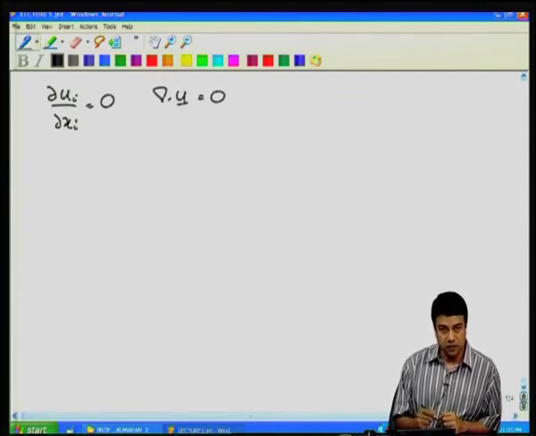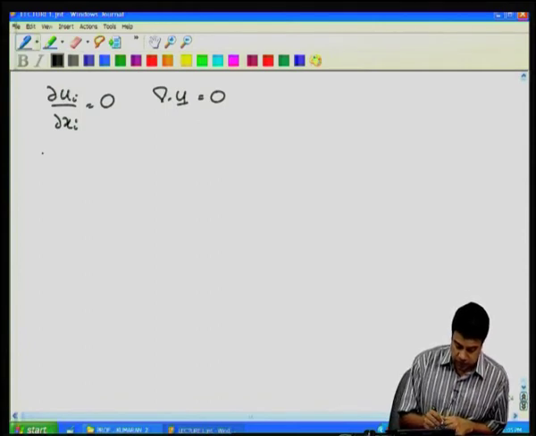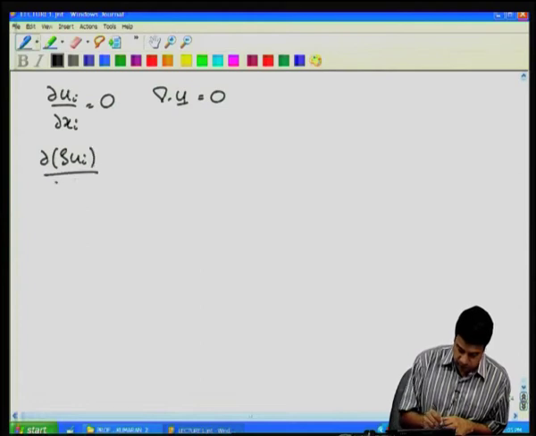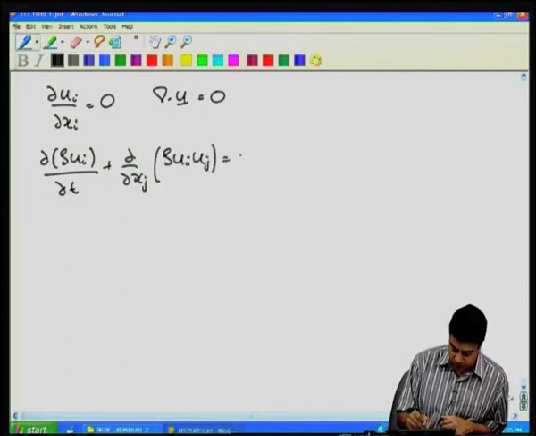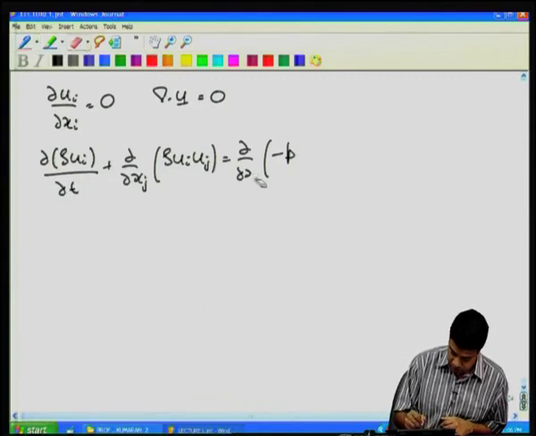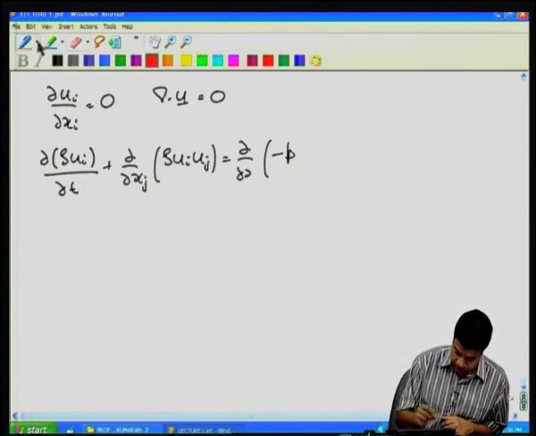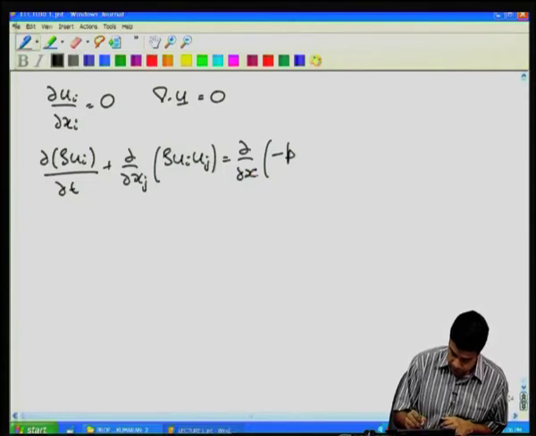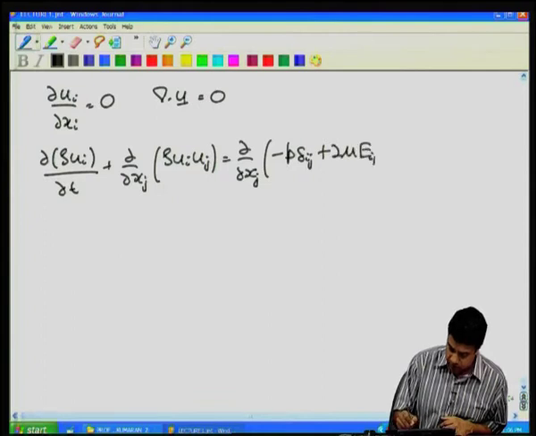The momentum conservation equation, I can write it in 2 ways: partial of rho ui by partial t plus partial by partial xj of rho ui uj is equal to partial by partial xj of minus p delta ij plus 2 mu Eij, plus rho ei.